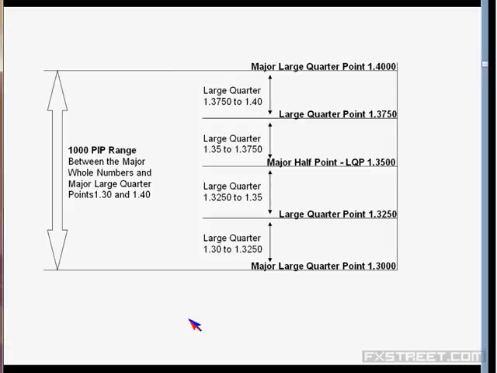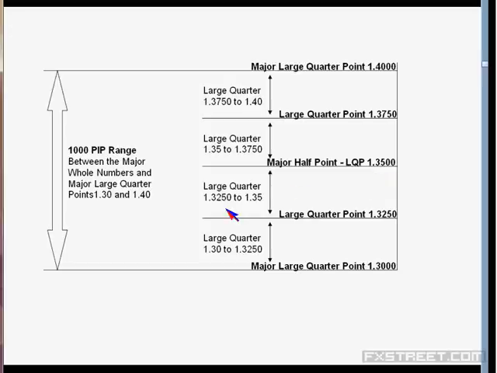The large quarter points that coincide with major whole numbers are also called major large quarter points. They represent critical junctions that signal the end of a previous and, at the same time, the beginning of a new 1,000 pip range. The exact half point of each 1,000 pip range also coincides with a large quarter point, and it is called the major half point of the 1,000 pip range.